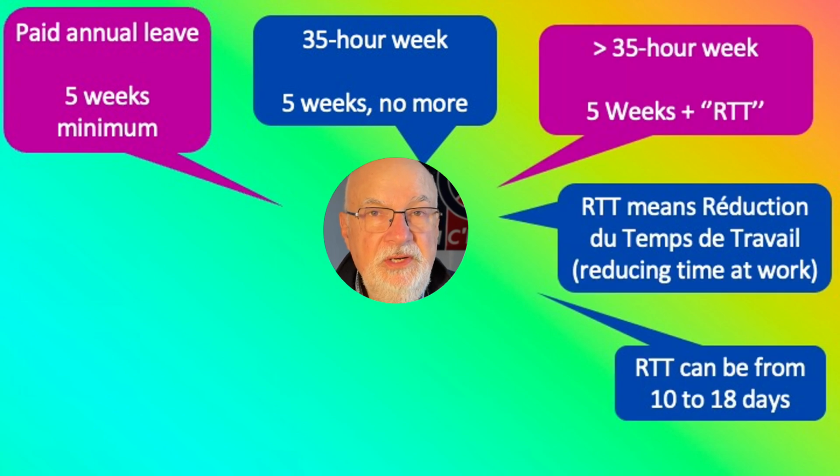But if you have a different contract where you are allowed to work more than 35 hours in 1 week, then you may have extra days off. Those extra days off are called RTT, réduction du temps de travail. Basically, you can get anywhere between 10 and 18 extra days with that system.